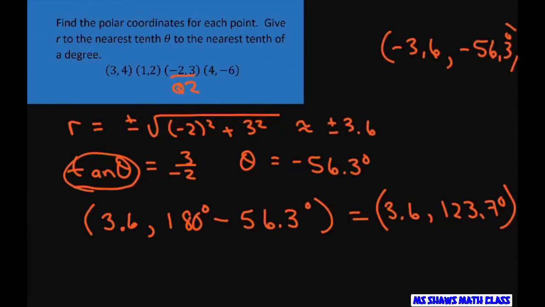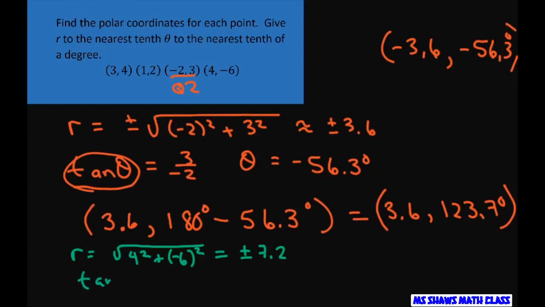All right, and then the last one, we get r equals the square root of 4 squared plus negative 6 squared, and that's about plus or minus 7.2.